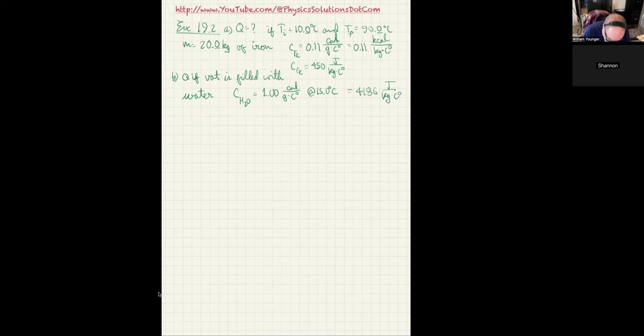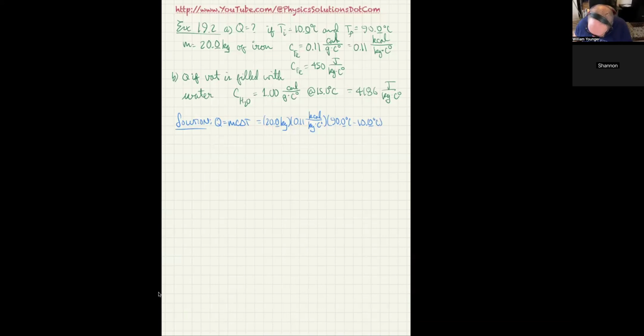So let's start working this. Q is equal to MC delta T. In this case, the mass of the iron is 20 kilograms. The specific heat of iron is 0.11 kcals per kilogram Celsius degree, times 90.0 degrees Celsius minus 10.0 degrees Celsius.